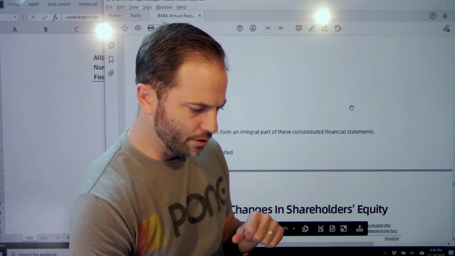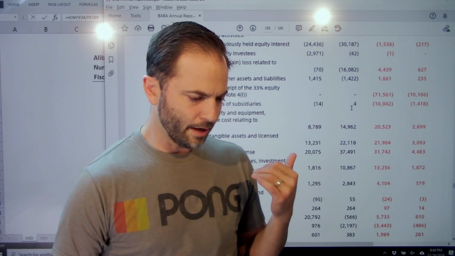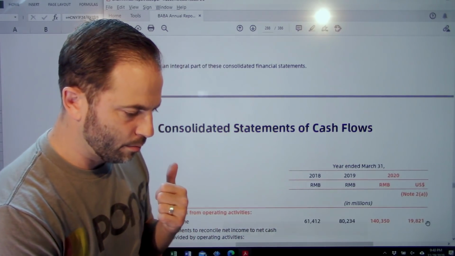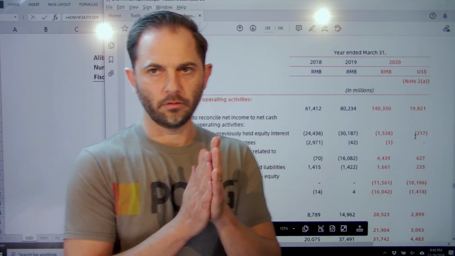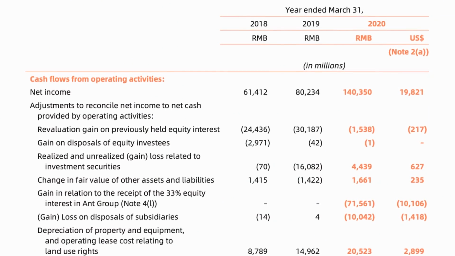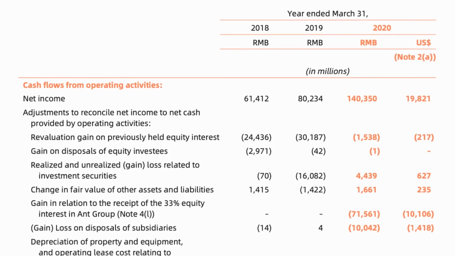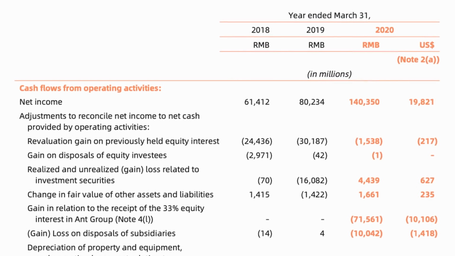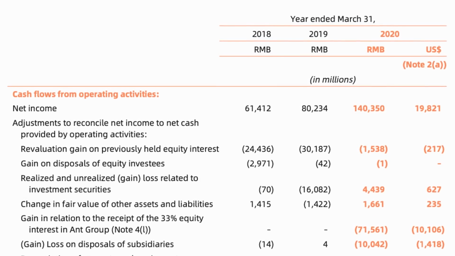Last thing I want to do is just touch on the cash flow statement, trying to move quickly here, and then I will show you my numbers. So this is the operating cash flow, right? This starts with net income, and all the operating adjustments they're adding and subtracting for what is non-cash or what is cash that wasn't on the income statement. That's what they're doing here.